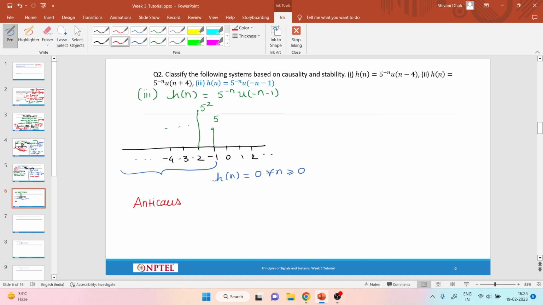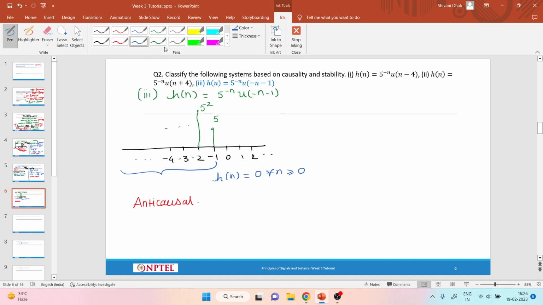Madam, the value at minus 1, is it 5 or 1 by 5? You substitute n equal to minus 1 here, sir. Yeah, minus becomes plus. And how could you make out that it starts from minus 1?